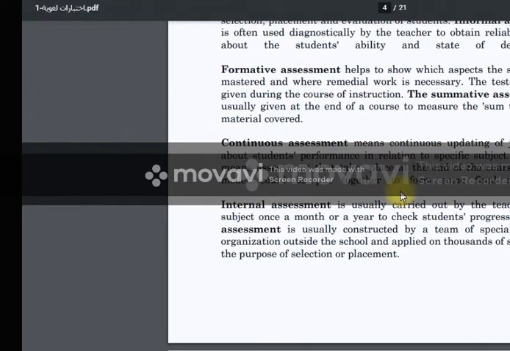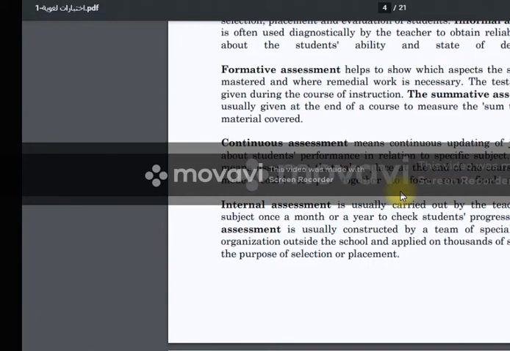مثال, a clear example of these two types. انتم ما لحقتوا على الامتحان الوزاري بالكلية. A test of a grammar designed by the teacher of English language inside the English department is internal assessment.